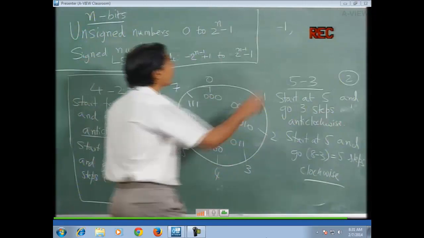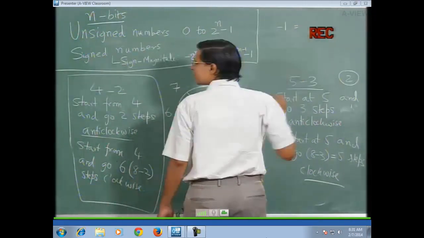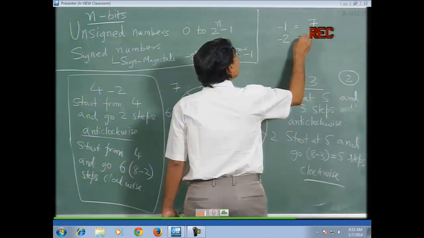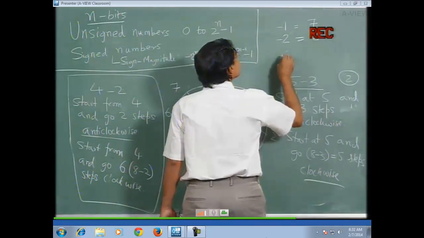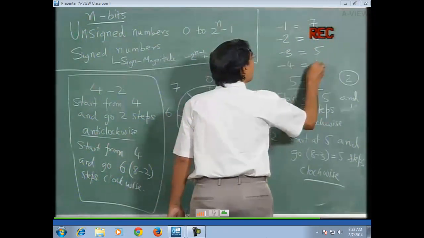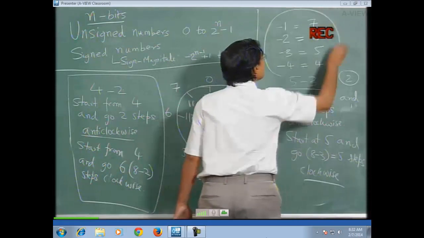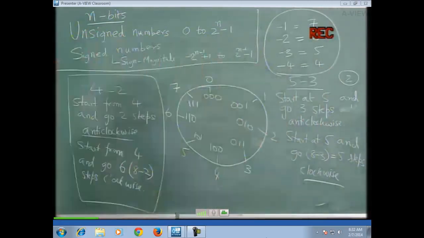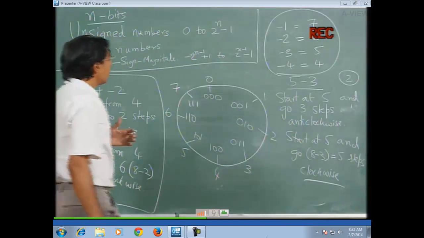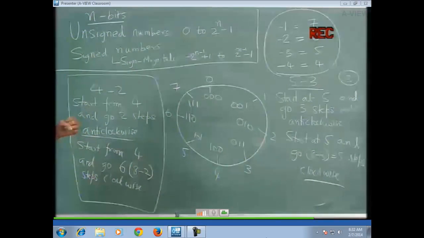So if minus 1 is modeled as 7, minus 2 as 6, minus 3 as 5, minus 4 as 4, then everything could be handled as addition. Right? So let us go and look at this.